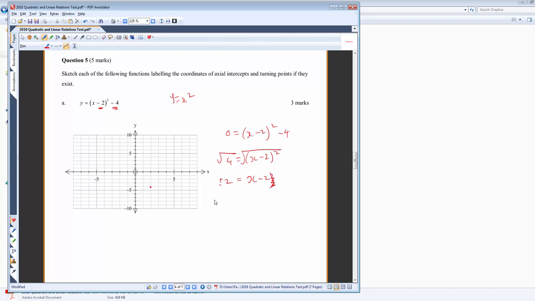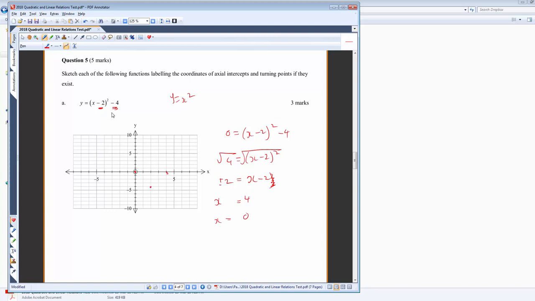Alright, now what I'm going to do is add 2 to both sides, so I'm either adding it to positive 2, which is x equals 4, or I'm either adding it to negative 2, in which case x is equal to 0. Okay, so one of my x-intercepts should be 0, the other one should be 4. That looks symmetrical, so that means that's a good sign.